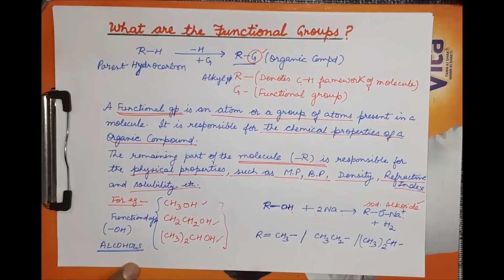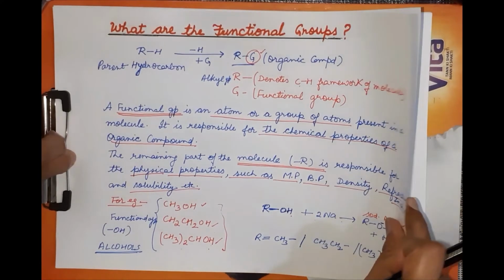This is the chemical property, and all three of them undergo this reaction. They show the same chemical property. So if the same functional groups are present, all the compounds will exhibit the same chemical properties.